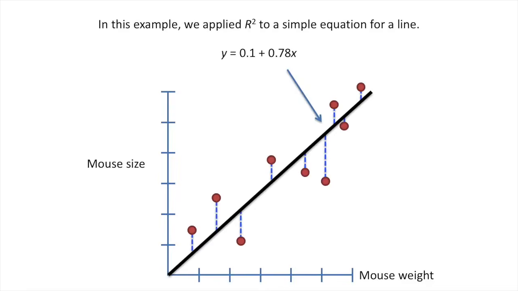In this example, we applied r squared to a simple equation for a line, y equals 0.1 plus 0.78 times x. This gave us an r squared of 60%, meaning 60% of the variation in mouse size could be explained by mouse weight.